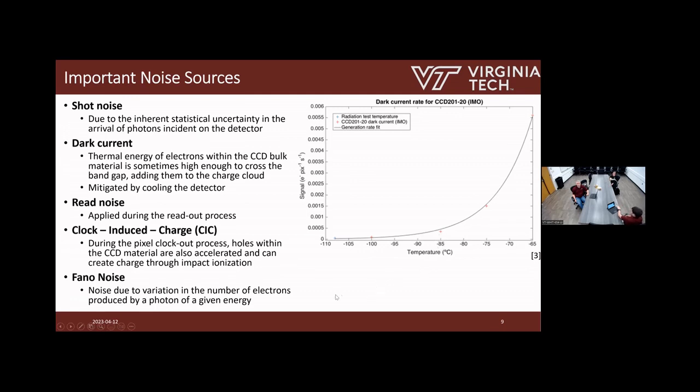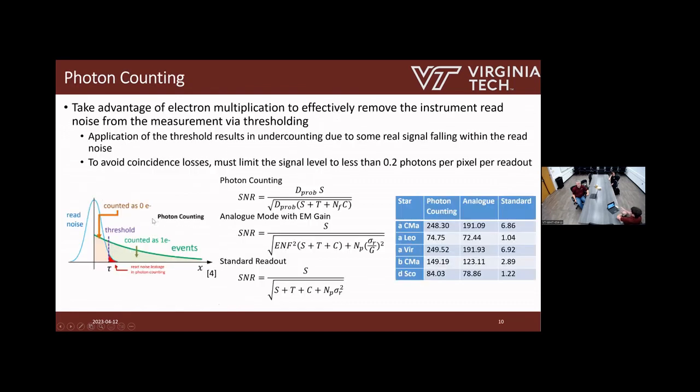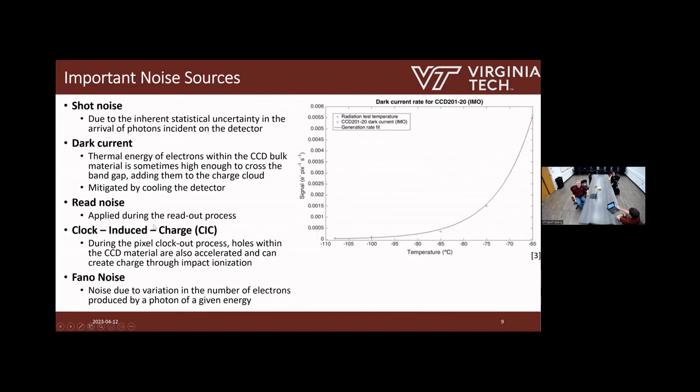Then the next one we consider is read noise. This is again just something that is applied as part of the readout process. The other consideration that we have to worry about is clock-induced charge. This is something that's actually only significant for EMCCDs. On standard CCDs, this isn't something you typically see as a dominant noise source, if you can recall.